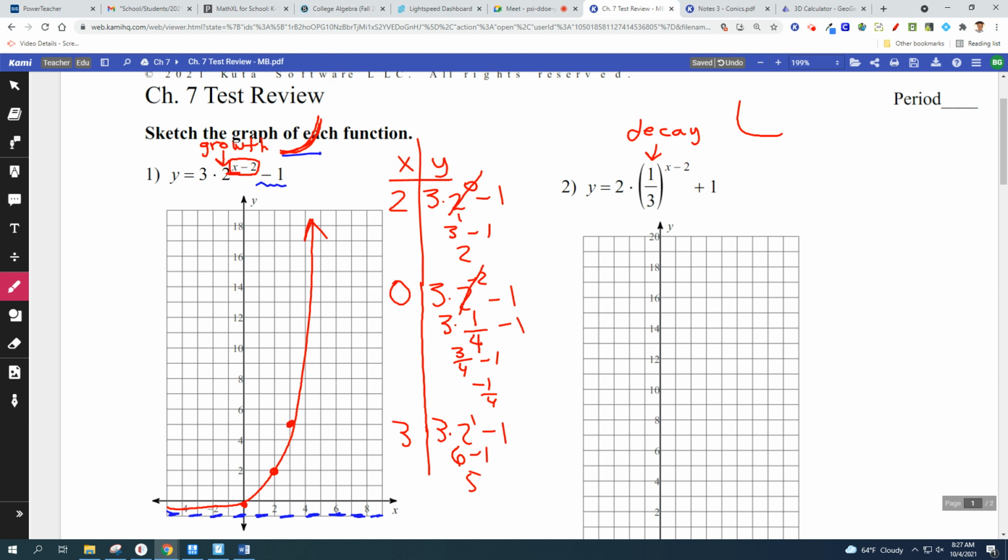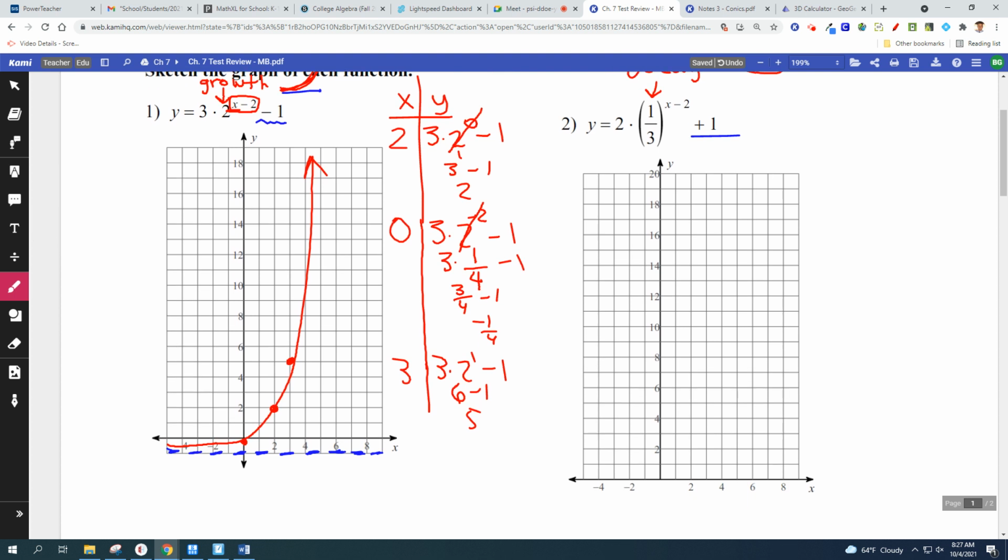So then for decay, we do pretty much the same thing. I would start with the asymptote. That +1 is going to be an asymptote. So where are we at here? +1. Everything's going to work off of that.